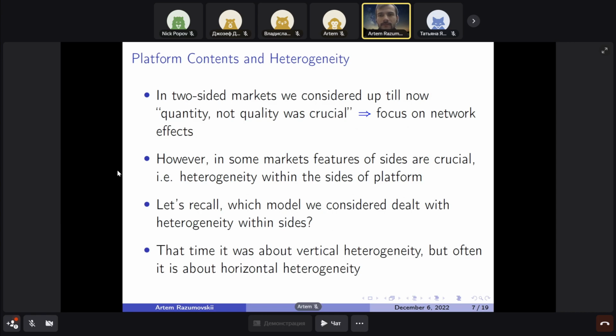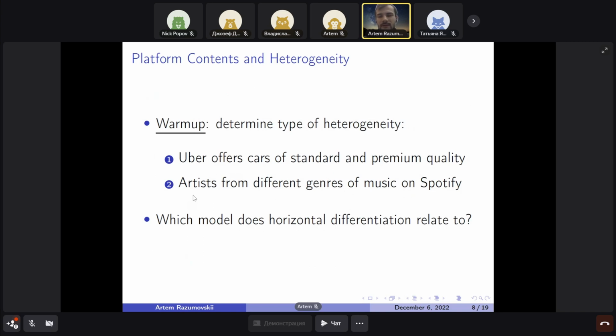And now, you remember we talked about horizontal and vertical heterogeneity, and I have a warm-up question for you. Consider two platforms. Uber offers cars of standard and premium quality, and artists from different genres of music on Spotify offer you their tracks. Which model has horizontal differentiation and which vertical?